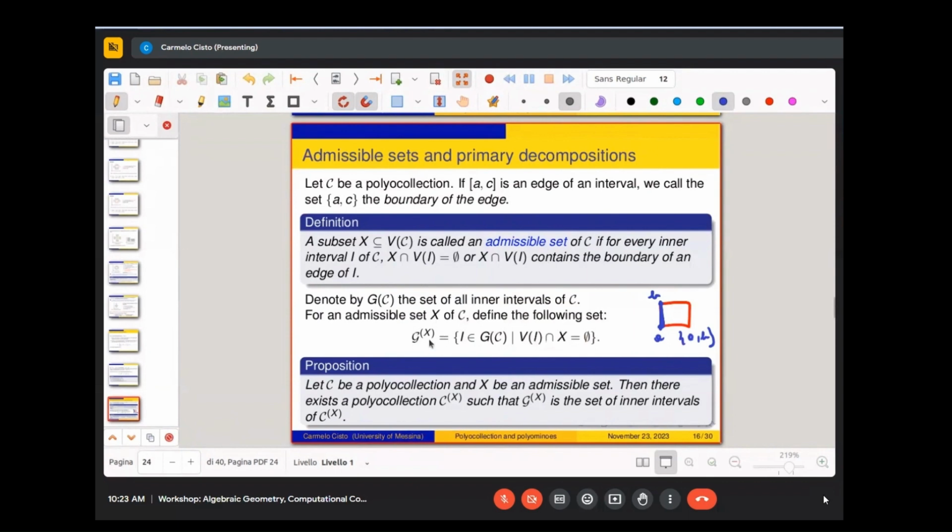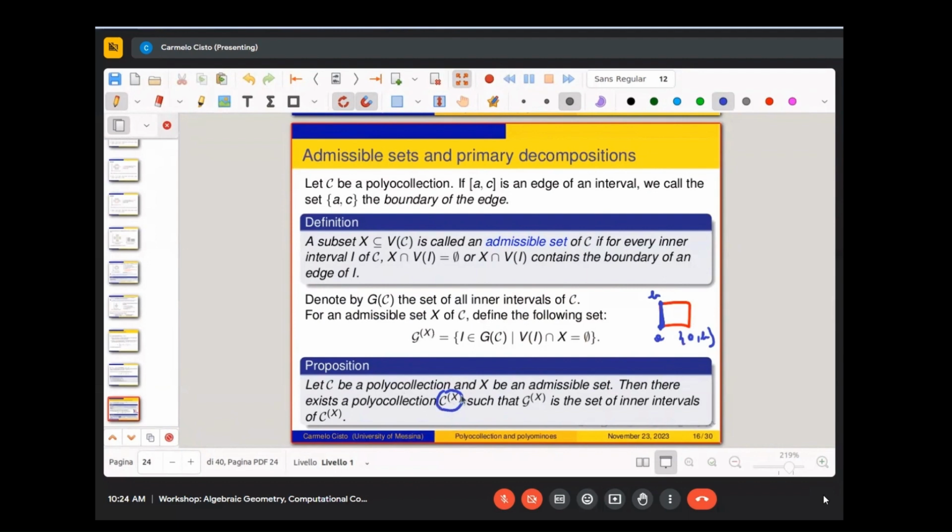And to such a set of intervals, J of X, I can associate a polyomino collection CX, because we are able to prove that this set JX is the set of inner intervals of a polyomino collection, and I call this polyomino collection CX.